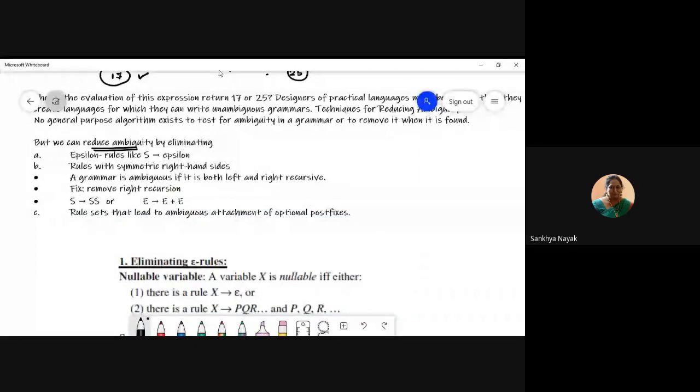Today we'll do only one thing. All right. So we can remove ambiguity by removing rules which have epsilon in them. In the example that I have given, epsilon is not there, but ambiguity will be there even in the grammars which have epsilon. So you can remove rules with symmetric right hand sides.